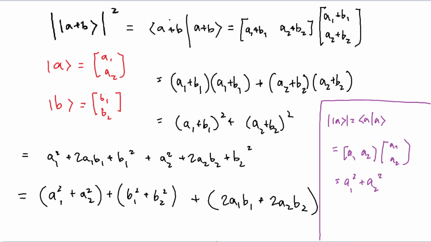And that same property can be repeated for B as well. So this is fundamentally equal to the magnitude of ket A squared plus the magnitude of ket B squared. I'm sorry, there's a square on the A as well.